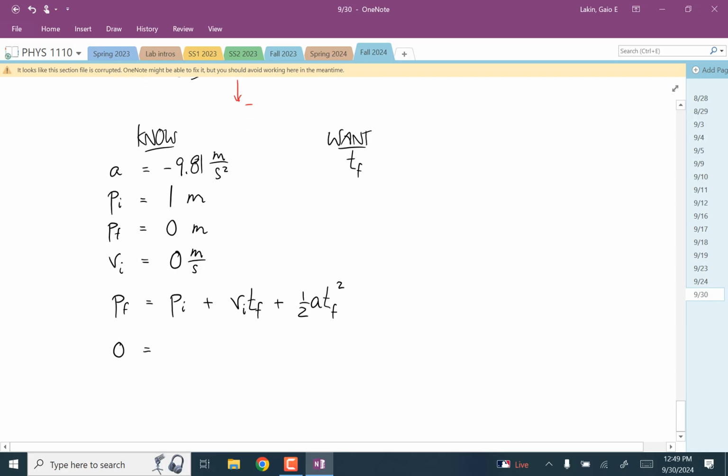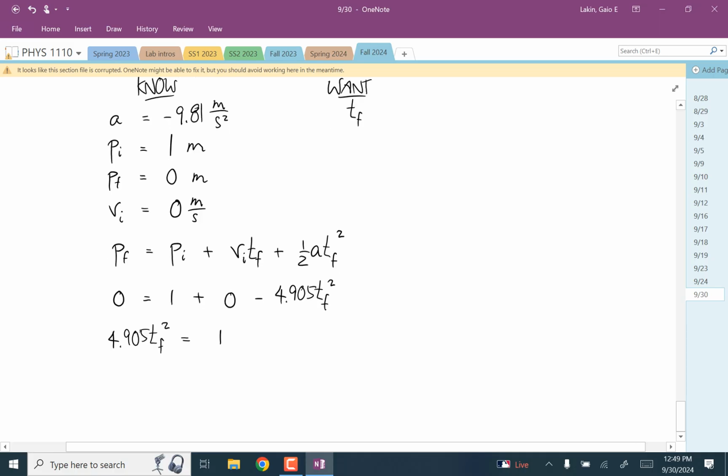So 0 is equal to 1 plus 0 minus 4.905 TF squared. And so 4.905 TF squared is equal to 1, and TF is equal to plus or minus 0.452 seconds. And we want the positive one.